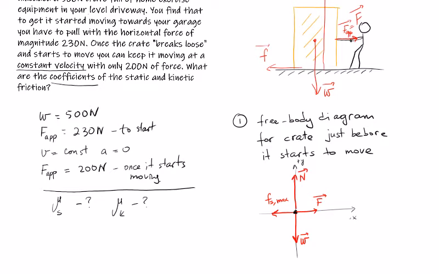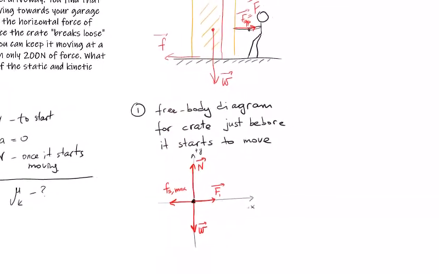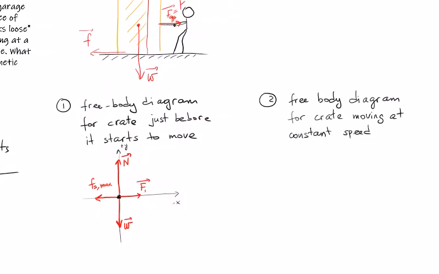Okay, so now let's name the first one as case 1. I'm going to call this 230 Newton F1, and then 200 Newton F2 for the second case, when it breaks loose and starts moving. And then for the situation when it is moving, we have the free body diagram for the crate moving at constant speed.